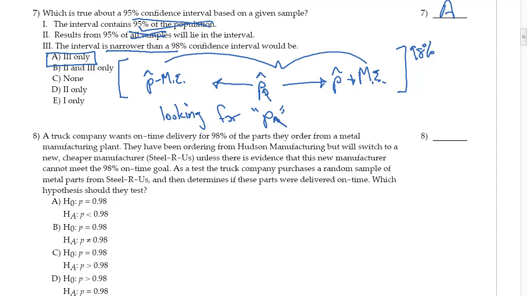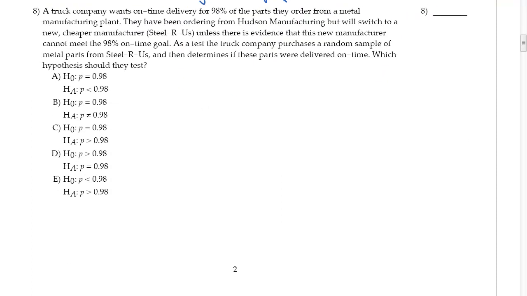Now let's look at 8. A truck company wants on-time delivery for 98% of the parts they order for metal manufacturing. They've been ordering from Hudson Manufacturing but will switch to the new, cheaper manufacturer unless there is evidence that this new manufacturer cannot meet its 98% on-time goal. I think that's the big idea right there.